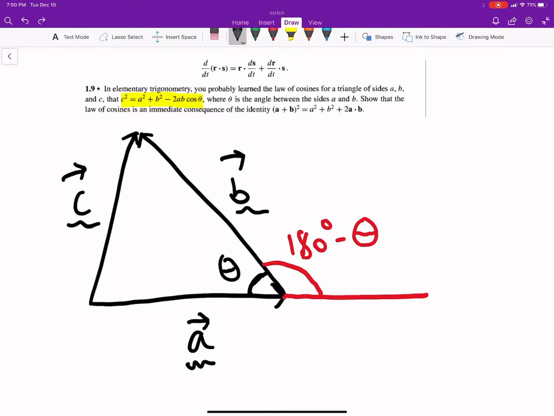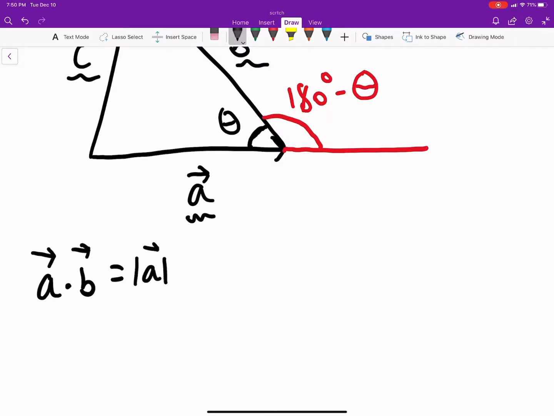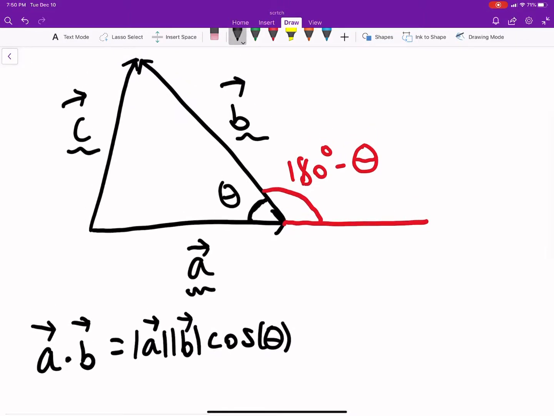Okay. Now, let's remember that A dotted with B is equal to the magnitude of A times the magnitude of B times cosine of the angle between them. Now, when we're saying the angle between them, I want to talk about this, because this theta is not this theta. Imagine if we took A and we just moved it over here.